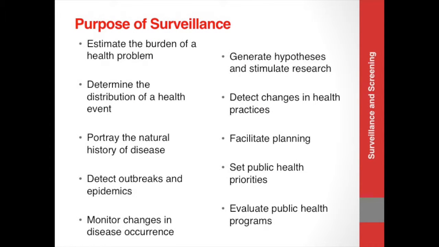We do surveillance for many reasons. For example, to describe the epidemiology of a health event, to describe and detect outbreaks and epidemics, to monitor changes in health status and health practices, and to evaluate public health programs.